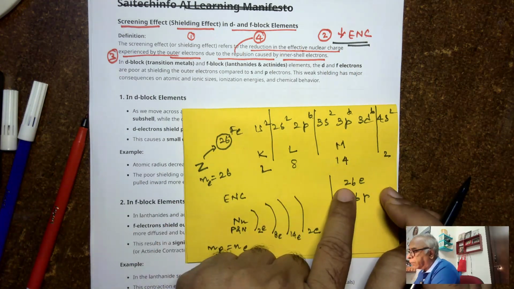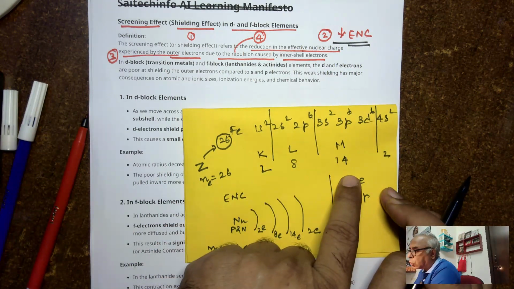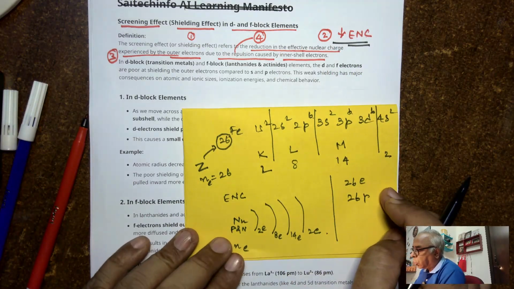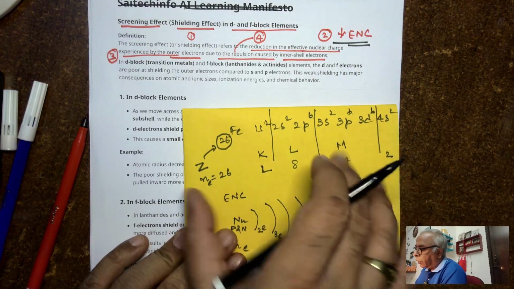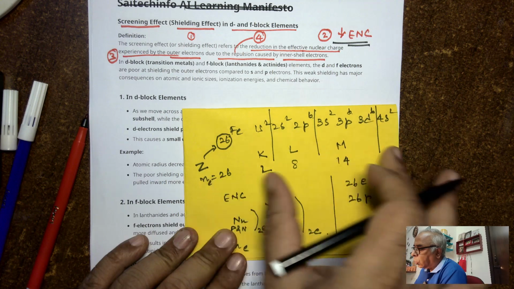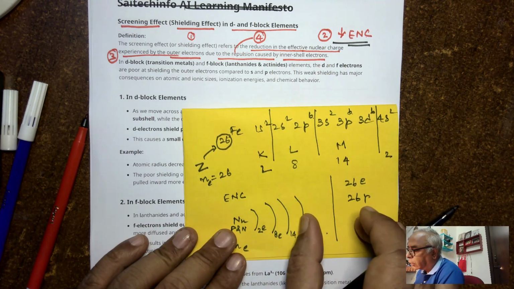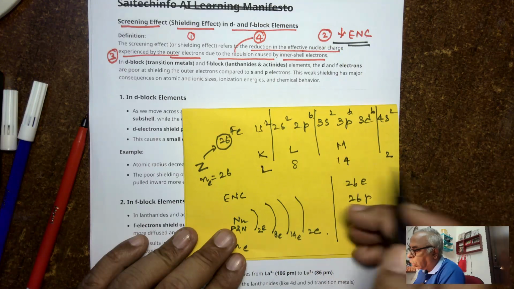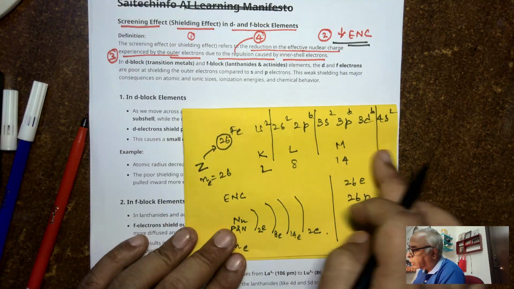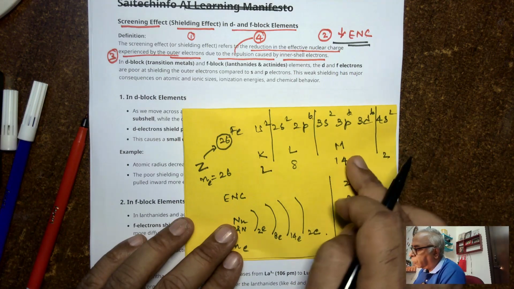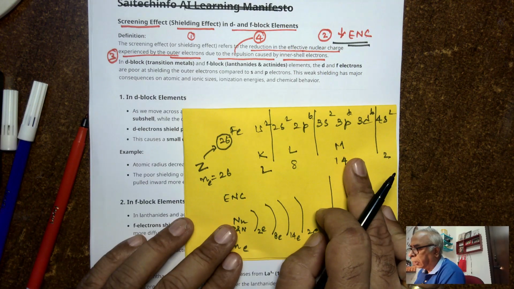So you have some inner shell electrons, and that prevents the effective nuclear charge of the entire atom. So it gives some screening effect, a shielding effect. For example, you've got various shells, and the last shell is the ultimate shell, and before that you've got the penultimate shell.